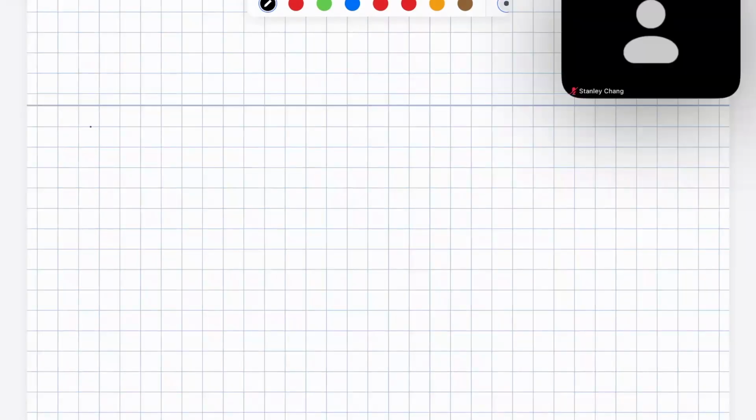So far, we've been solving using indefinite integrals.